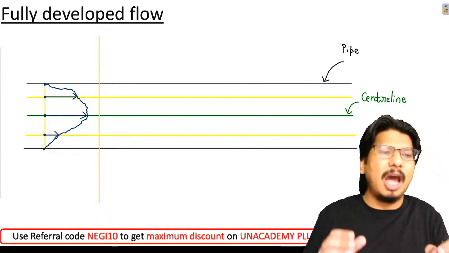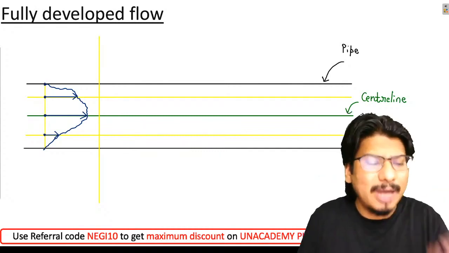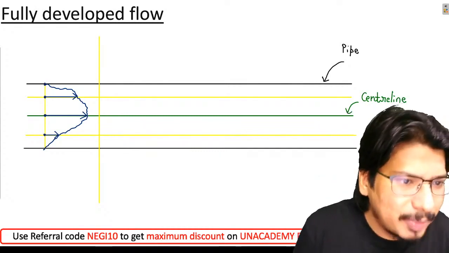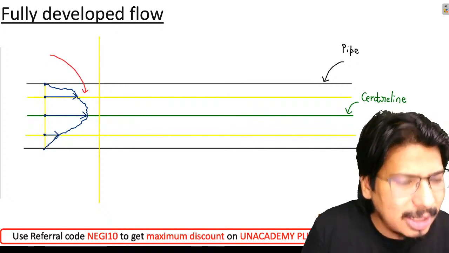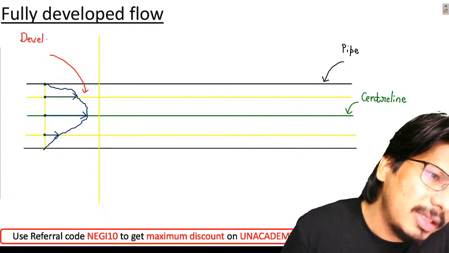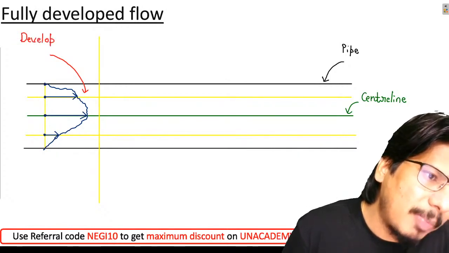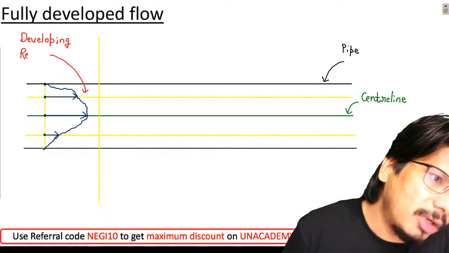So the region up to which the velocity profile is not well defined is known as the developing region. That means, let's suppose this region is the developing region. Up to here the velocity profile is not well defined.